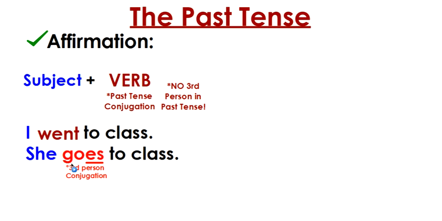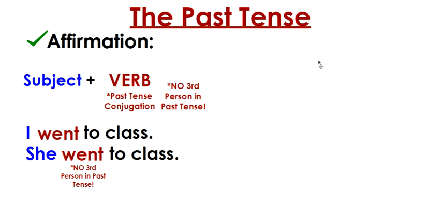And for this one, I also say, she went to class. Again, there is no third person in the past tense. All subjects use the same form of the verb in the past tense.